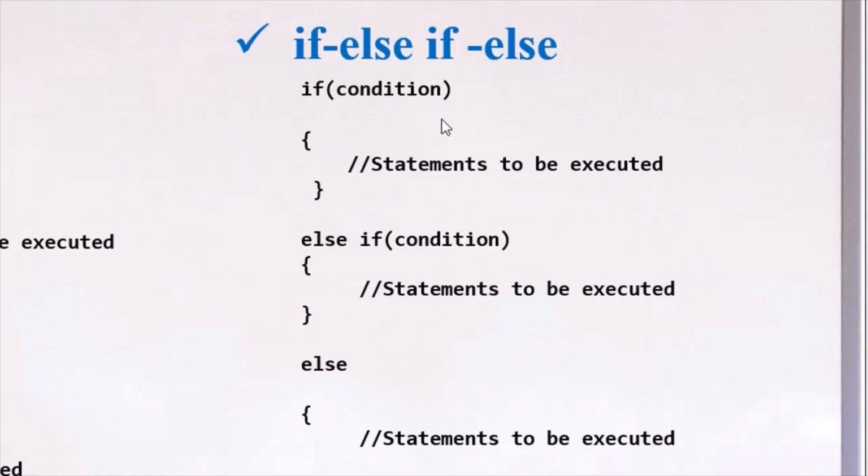There can be many else ifs, and at the last you have to put else. So when the number of conditions increases, automatically else if will increase. For example, with three numbers, there will be two conditions and the else part.